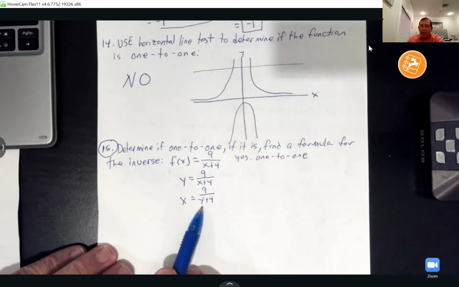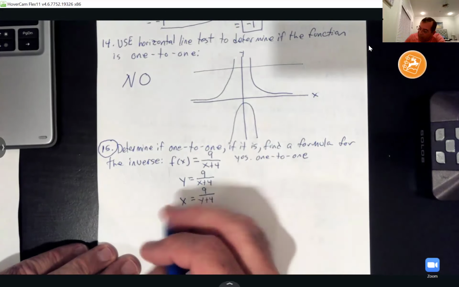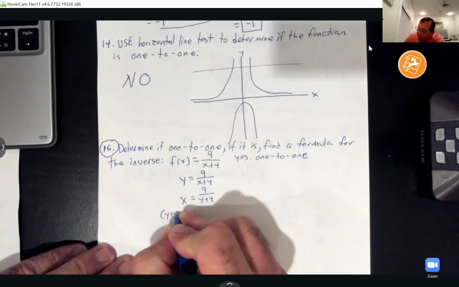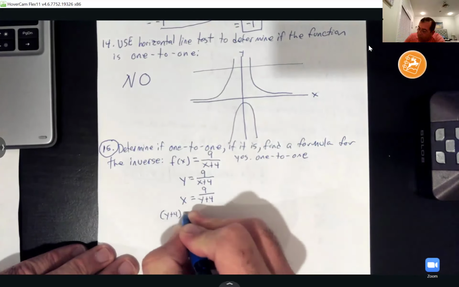Since I got a fraction here, I'm going to multiply both sides by y plus 4, because on the right side, those y plus 4s are going to cancel each other out. So on the left side, you got y plus 4 times x. On the right side, all that's left is the 9.